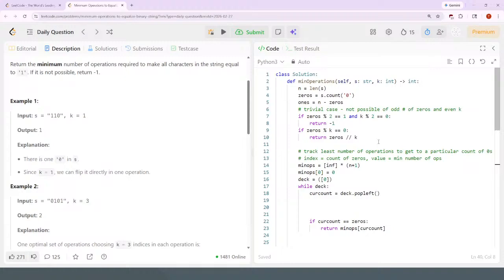Up K. Have to go up K. Can't go up K minus 2. There's not enough zeros there.